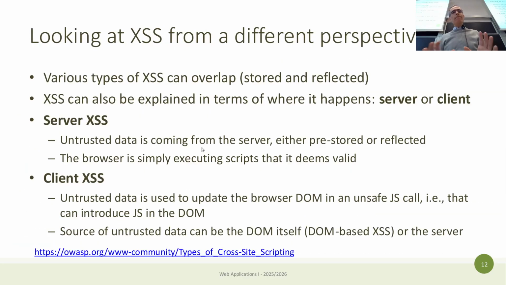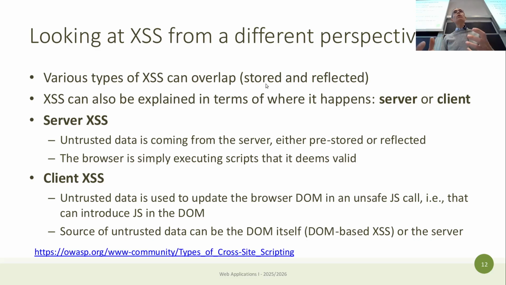Before that, I want you to look at these cross-site scripting attacks also from a different perspective. Because it's not the classification we saw before, it's not really a rigid classification, okay? So different types of cross-site scripting attacks can overlap, like the stored and reflected, okay?